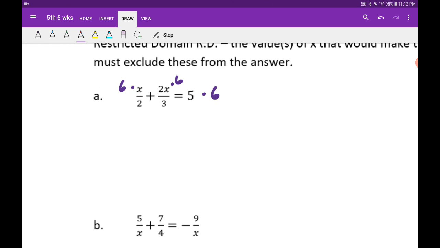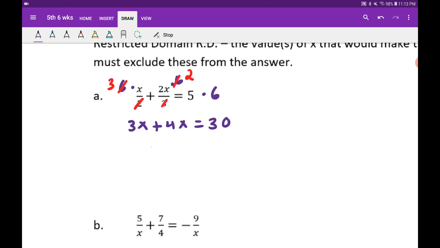Then I'm going to simplify, and this is going to get rid of our denominators. The whole point of solving rationals is to get rid of denominators. So 2 goes into 6 3 times, 3 goes into 6 twice, and nothing goes into the other one. Let's rewrite this problem. We get 3x plus 2 times 2, which is 4x, equals 5 times 6, which is 30.